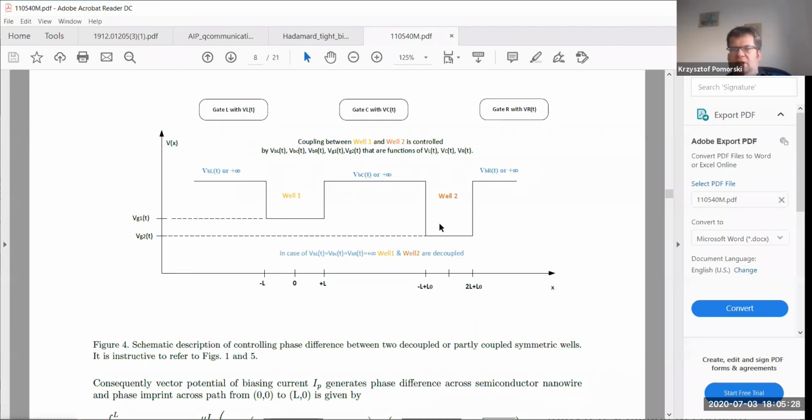If you have bottoms at the same level, the wave function on the left and right side will evolve with the same rate of phase, and if the bottoms are different, this obviously has an impact on the evolution of the wave function, and this can be used in setting the phase difference across the position-based qubit.